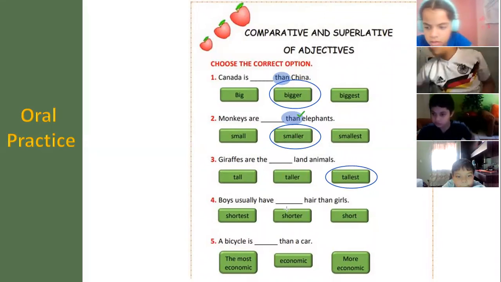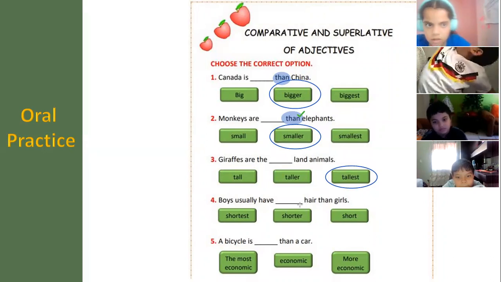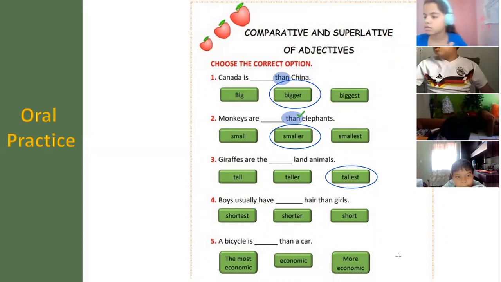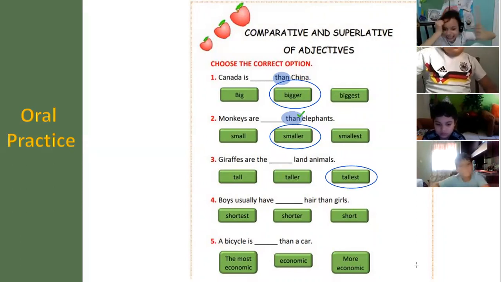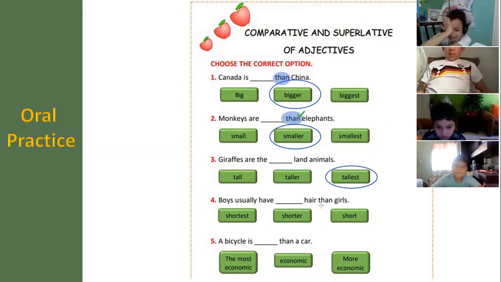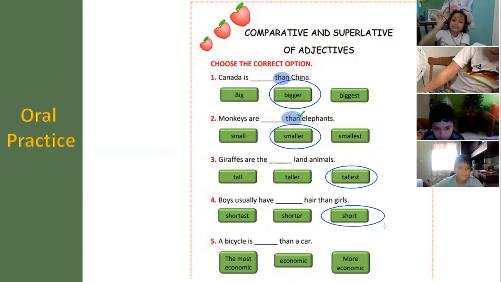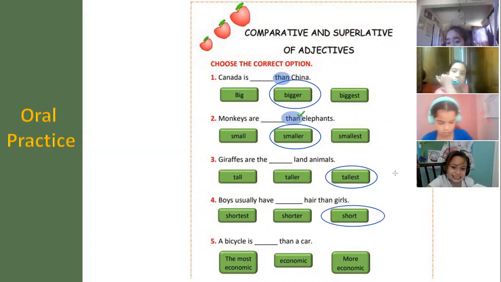Boys usually have, Santiago, boys usually have shorter hair than girls. What's the answer? Alan, you're not paying attention. Short. This one, short. Which one, Santiago?